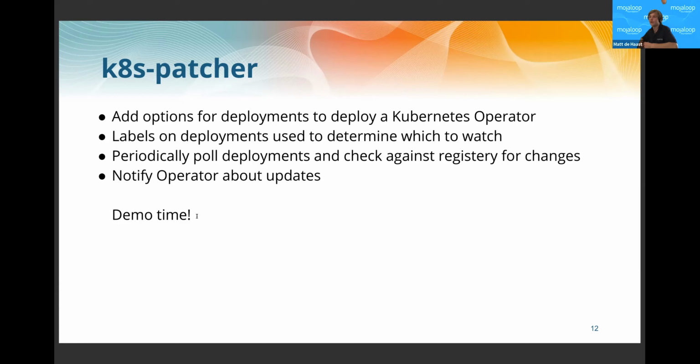We've built a proof of concept that will look at a registry to see if there are any changes. You deploy this operator in your cluster, and it will periodically monitor your Mojaloop deployments and see if any new security patches have been applied. If so, it'll notify the operator that a new security patch is available for the specific service, and that you need to go and update it.